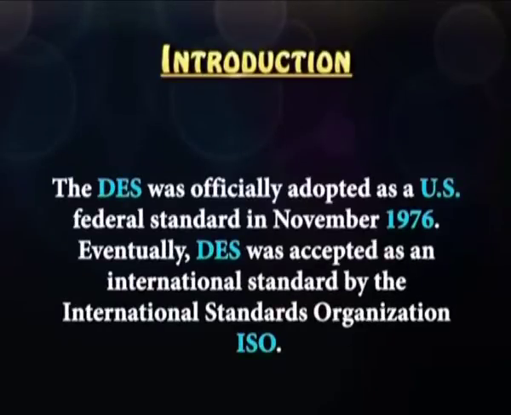Finally, the NBS released the algorithm for public scrutiny and discussion. DES was officially adopted as a US federal standard in November 1976. Eventually, DES was accepted as an international standard by the International Standards Organization, ISO.